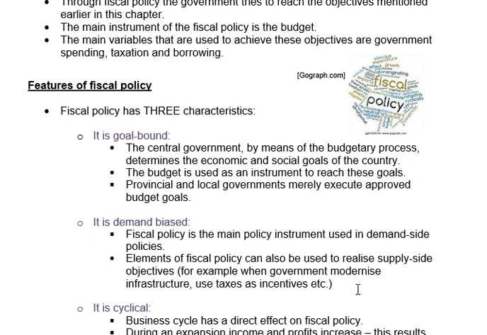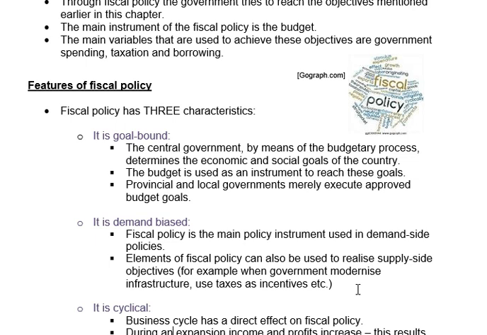Okay, so the central government, remember I said yesterday, in every budget they will identify certain priorities. Now, what are the priorities this year in terms of the budget? All right, so when they've identified their priorities in terms of economic goals like full employment, like economic growth, social goals like a redistribution of income, obviously they use the budget as an instrument to reach these goals.